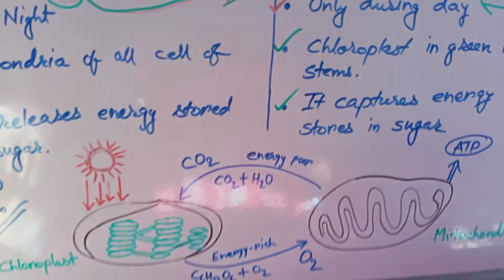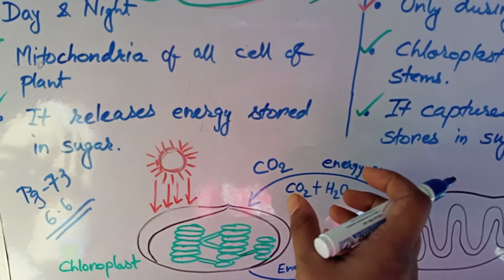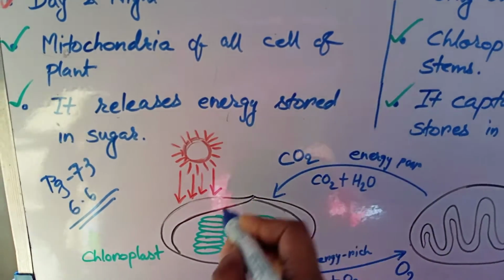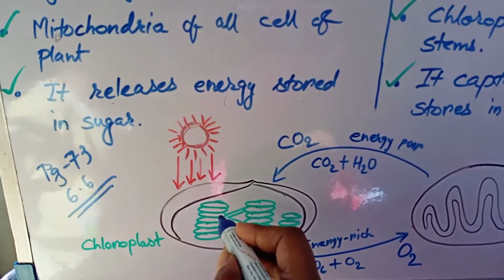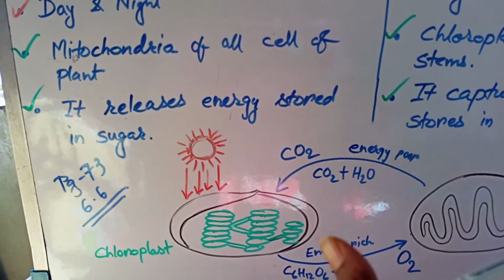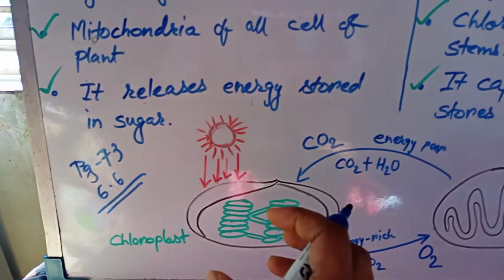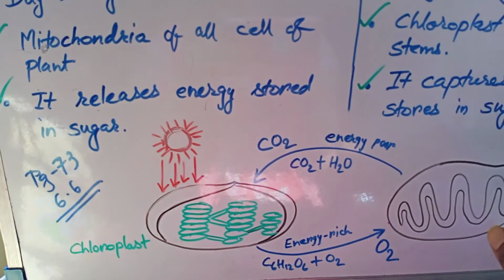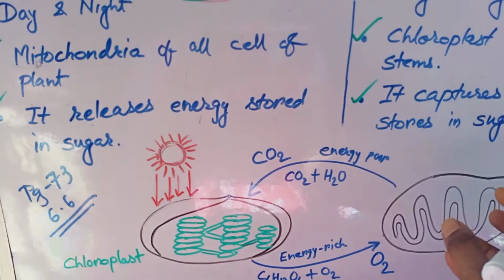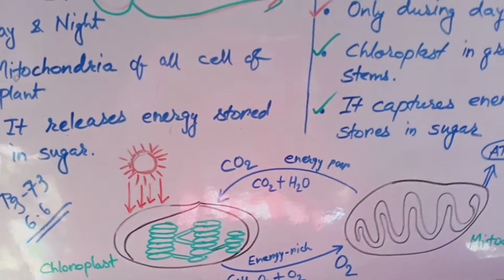But this energy poor substance, carbon dioxide, is again used up by the chloroplast to carry out photosynthesis. So this is what the schematic diagram explains: how oxygen of photosynthesis is used up by respiration, and how the carbon dioxide produced during respiration is used up by photosynthesis during the daytime.